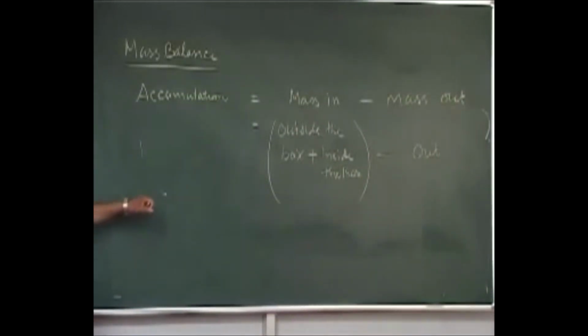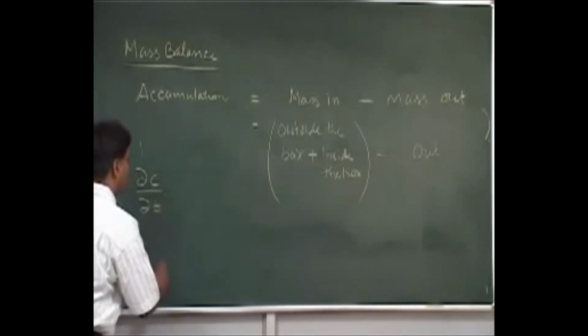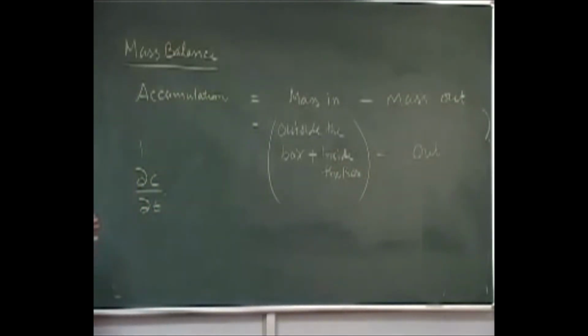So let's write this one. Accumulation will be change in concentration, but the unit should be mass per unit time. The units I have are whatever, microgram per meter cube. Suppose I say this length is unity. I can have n number of boxes, and things will be very similar.